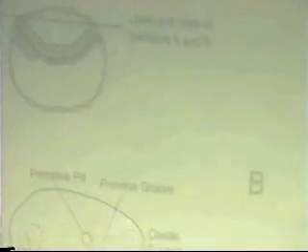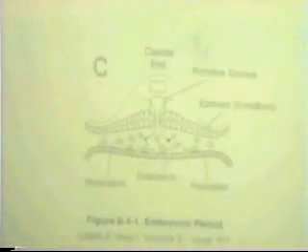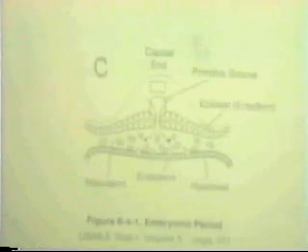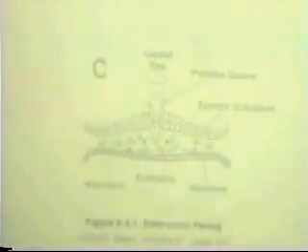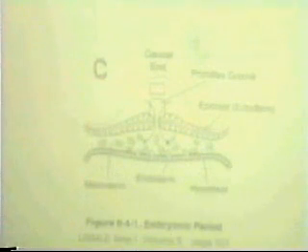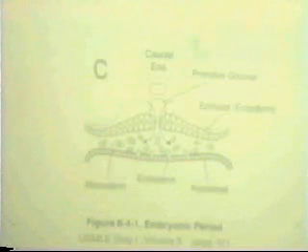So when we take a look at this, which is a little bit further into development, here is the epiblast, and now we have these cells that are in a position where the hypoblast had been. These are now the definitive endoderm cells. So the endoderm cells that have replaced the hypoblast cells actually arise from the epiblast, have migrated down, and have become the inner layer.